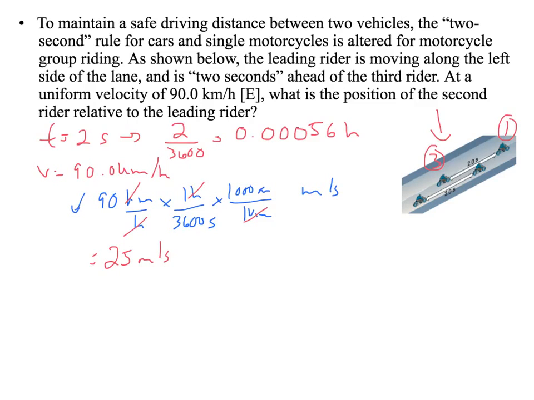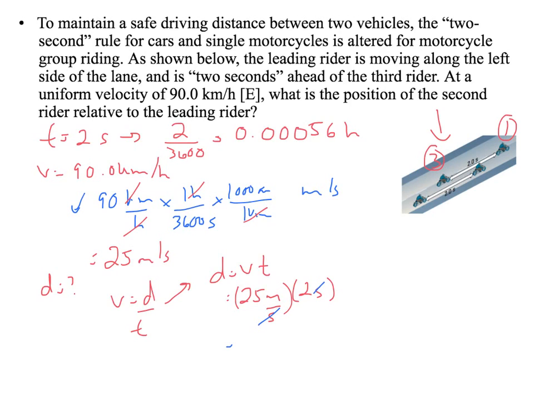Okay, so now the question is asking for what is the position? So really the question is saying what is D? How far is the third rider from the first rider? So we know our equation, hopefully by now. V equals D over T. Rearrange D equals V times T. V is 25 meters per second. Time is 2 seconds.